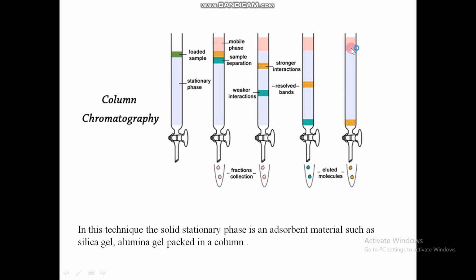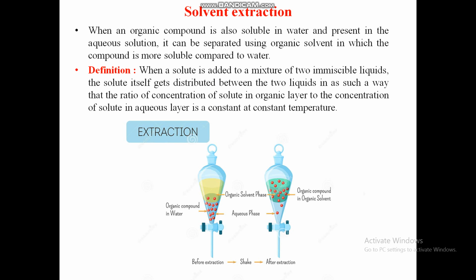A strong interaction means the component interacts with the stationary phase and takes much more time to move along the column. This is column chromatography. One more topic is solvent extraction.